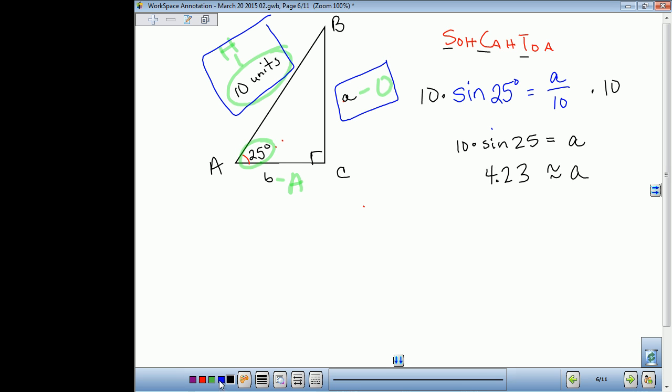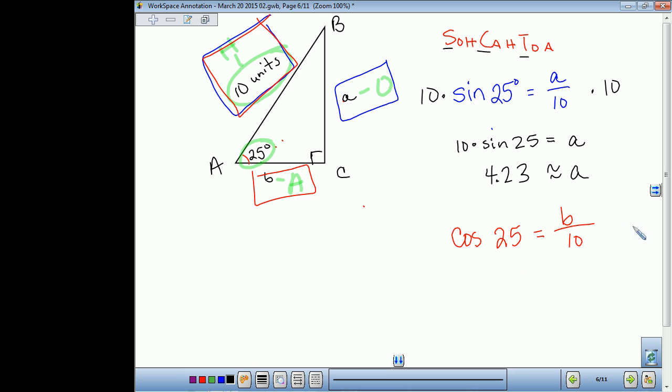Now our second example, I'm going to do it in red. We're going to find B this time. So we want B, and then we always go with what they gave us. So they gave us H. We want the adjacent. They gave us the hypotenuse. Adjacent hypotenuse is cosine. So now we're dealing with cosine. Cosine of 25 is equal to the adjacent side, which is side B, over the hypotenuse, which is 10.